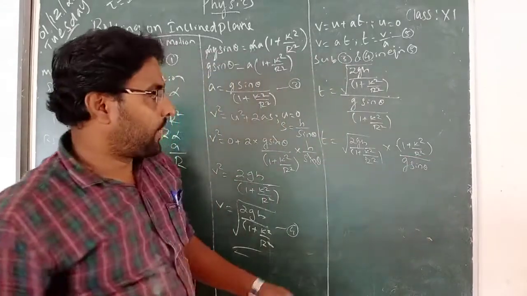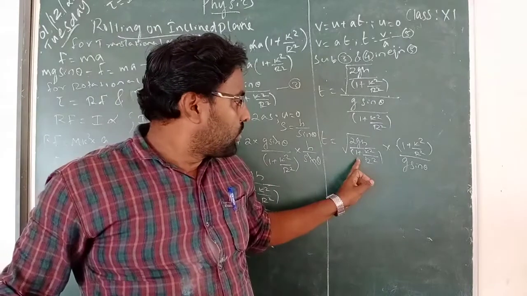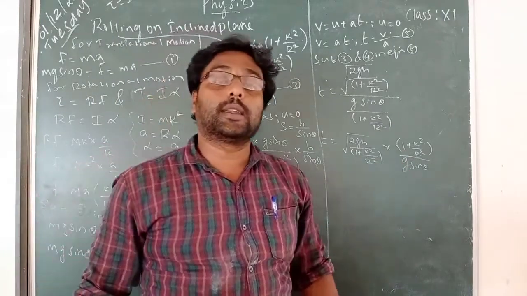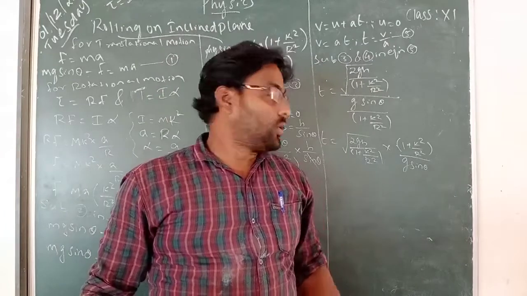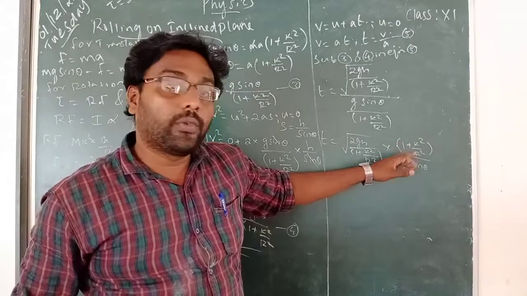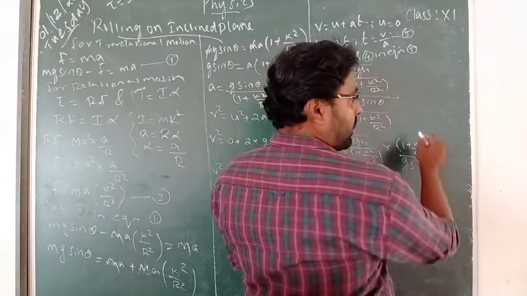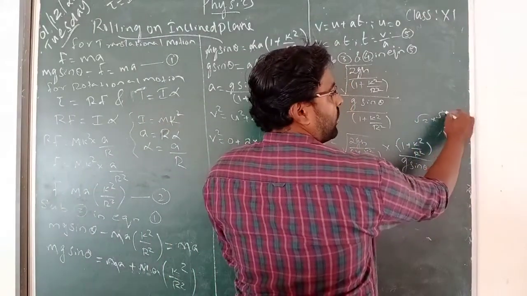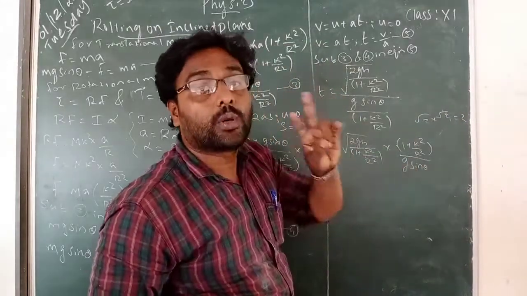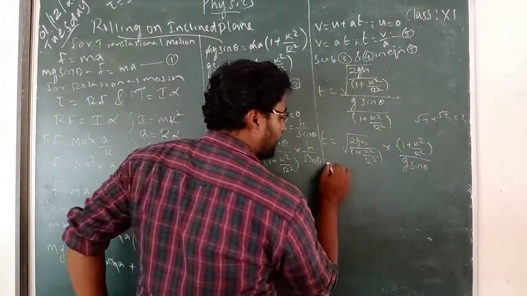Now you see root of 1 plus k square by r square here and 1 plus k square by r square here. So we can cancel this if we bring the root here. Root 2 into root 2 is 2.